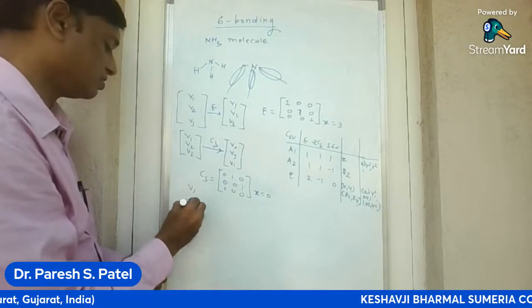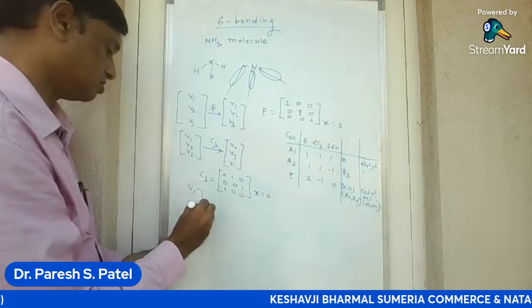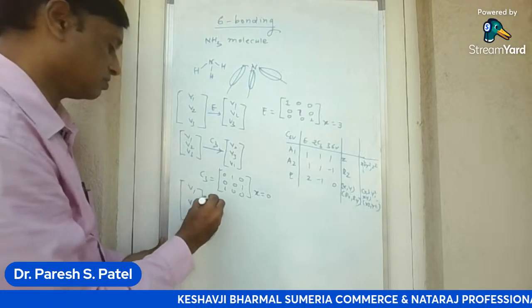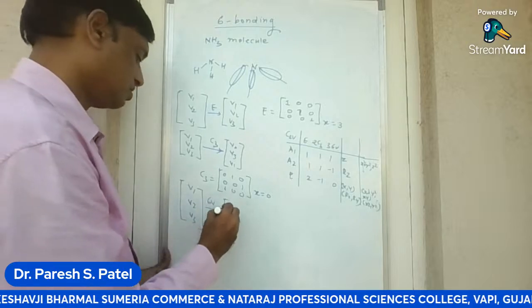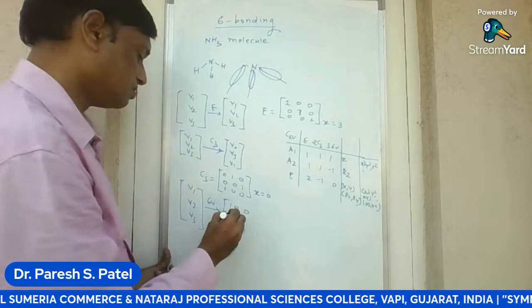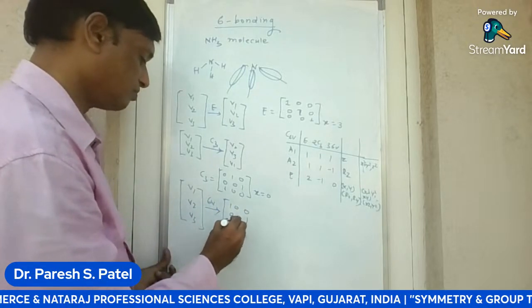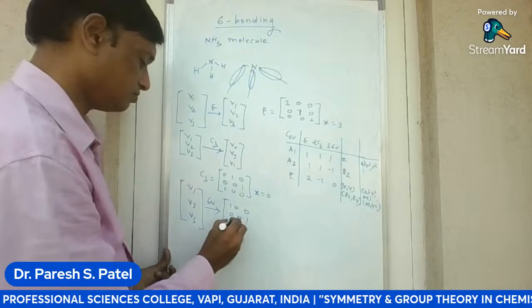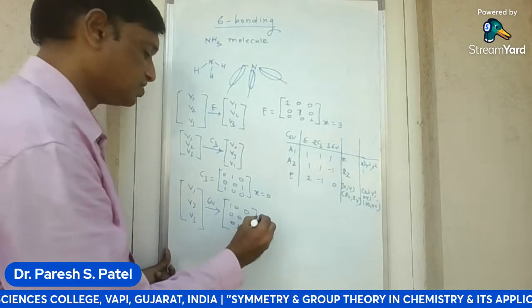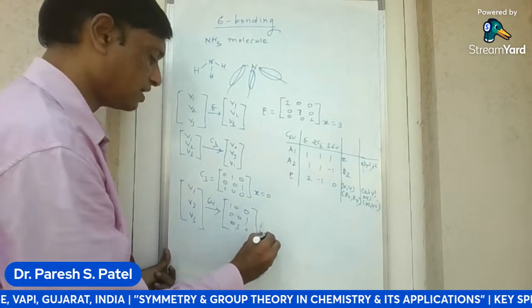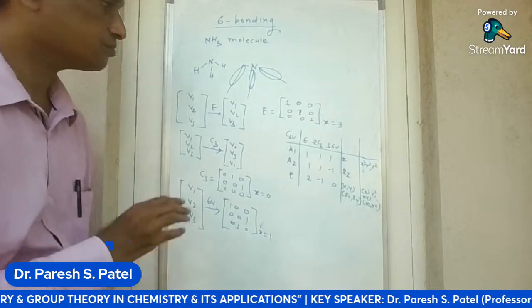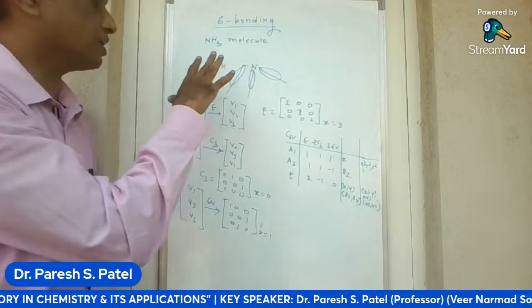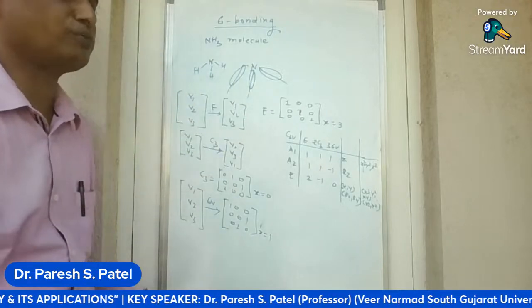If we operate sigma v, what will happen? 1 0 0, 0 0 1, 0 1 0. One remains unchanged, and the other two are interchanged. So the character is 1.